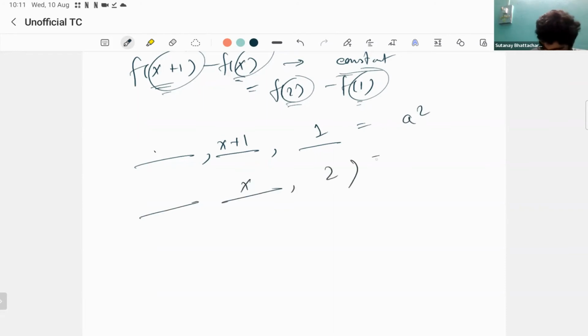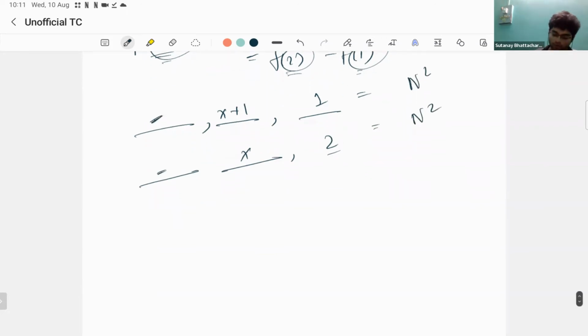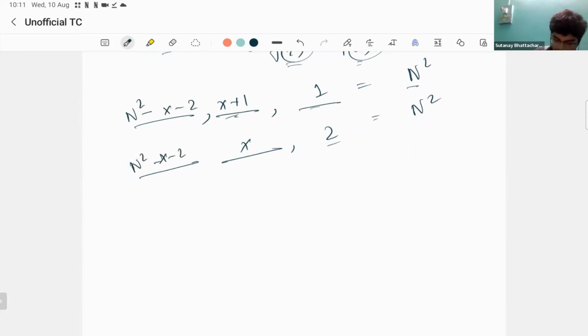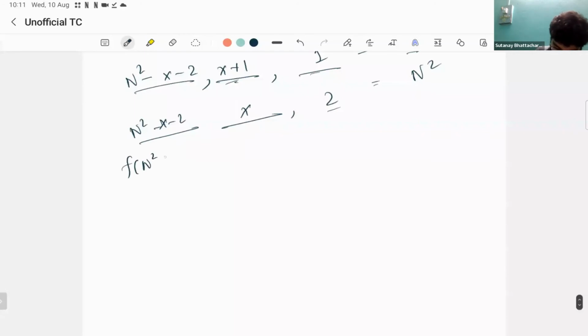Then you can use x here and 2 here, and if you can make that equal to a square as well, use a different square. These two can be the same number, which is useful. So if this is n square, this has to be n square minus x minus 2, and similarly this has to be n square minus x minus 2.